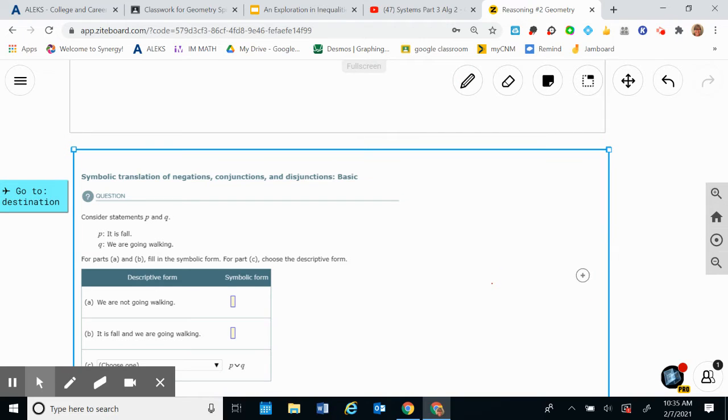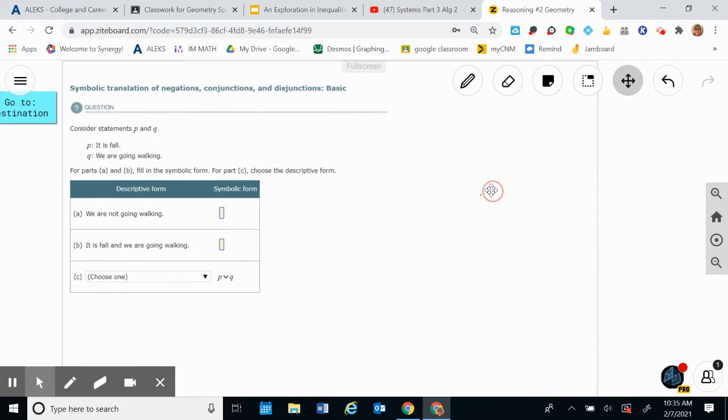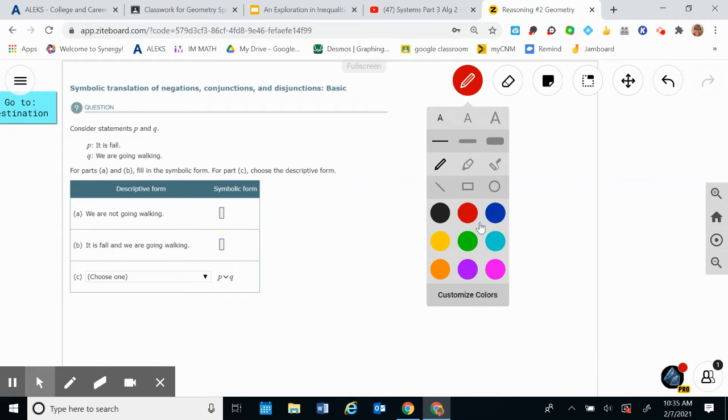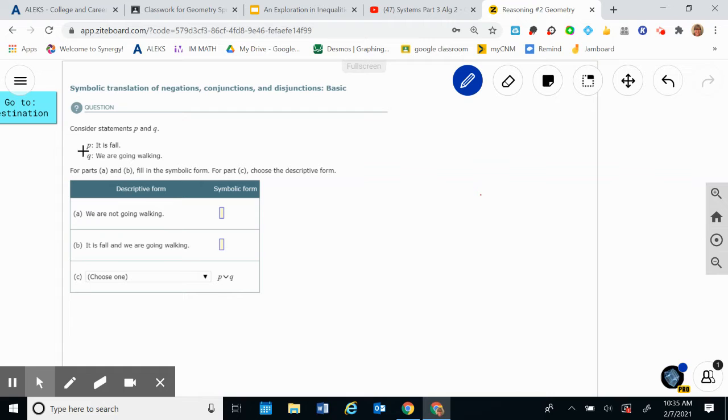So you try this one. You can pause the tape. All right, so hopefully you paused it and you tried it. If not, here we go. P is, it is fall. Q, we are going walking. We are not going walking, that is not Q. That's the symbol for not.